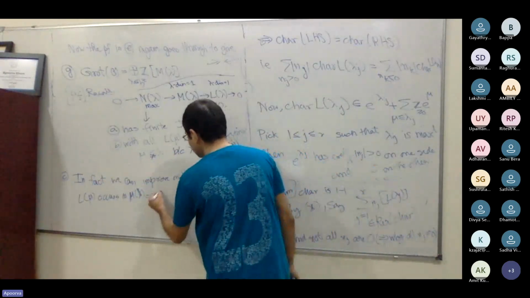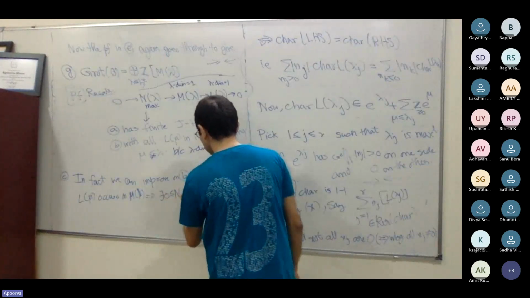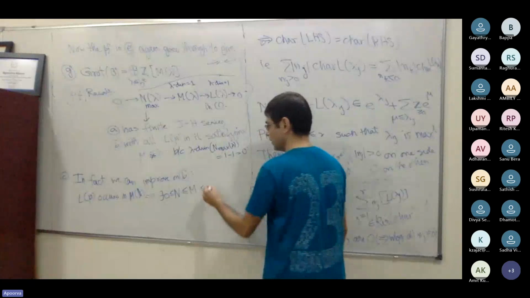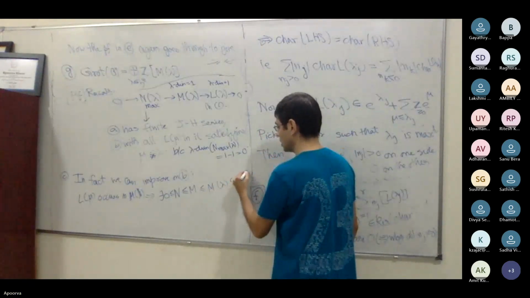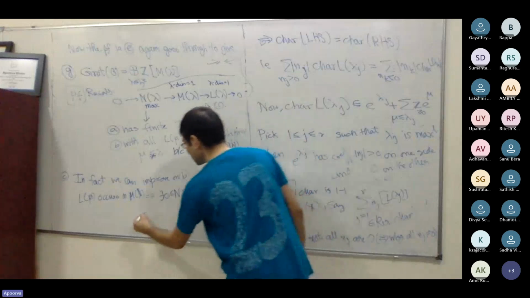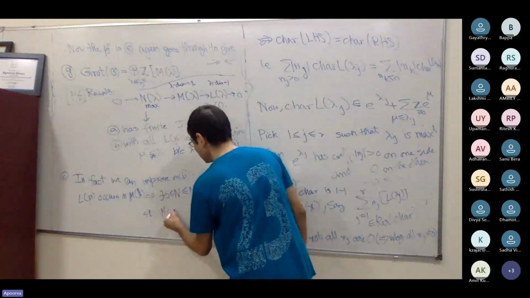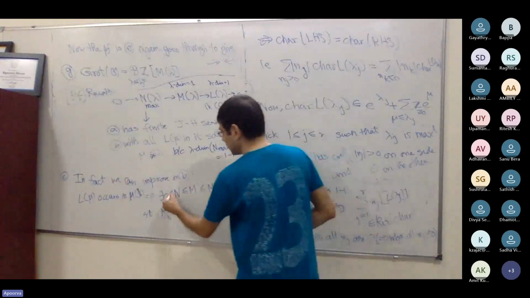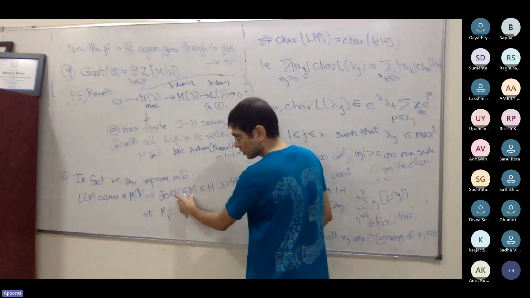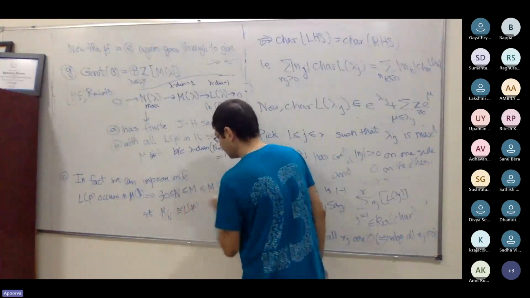So basically there are submodules 0 ≤ N ≤ M ≤ M lambda, such that inside the Jordan-Hölder series for M lambda there are two consecutive terms in that series such that M mod N is isomorphic to L mu.